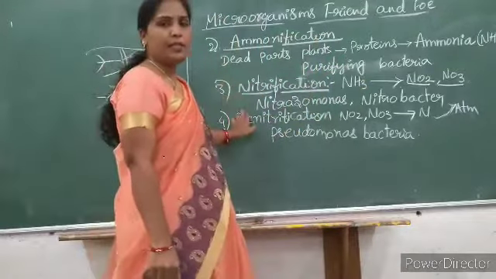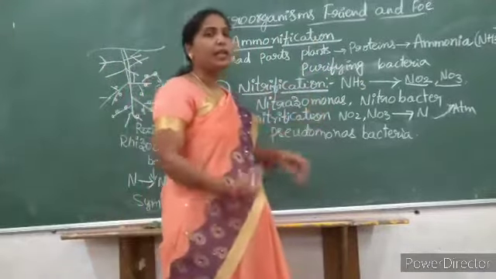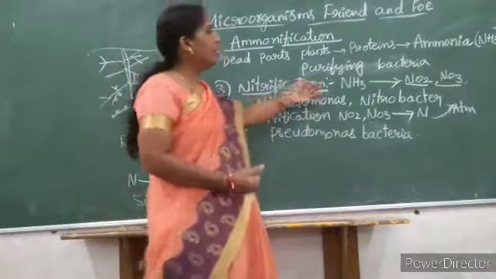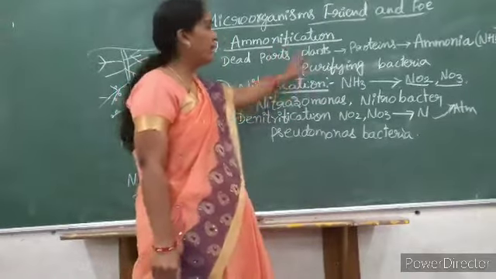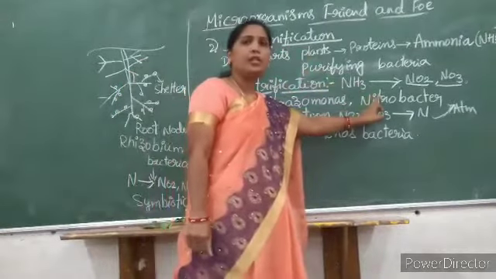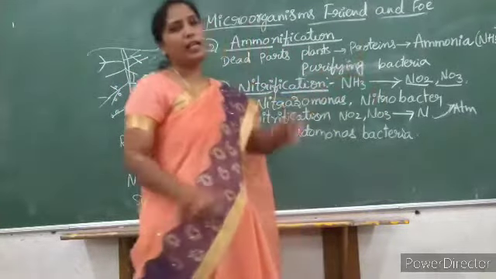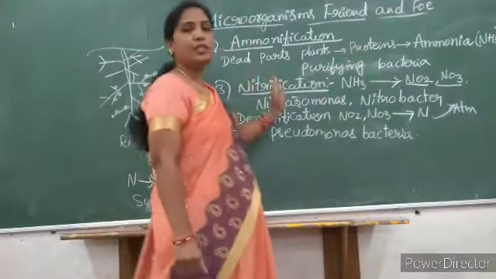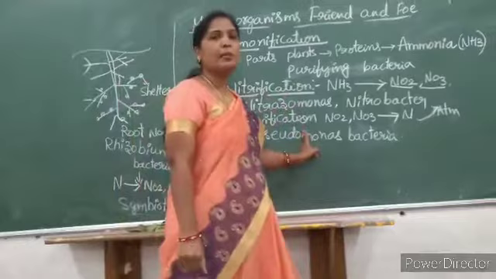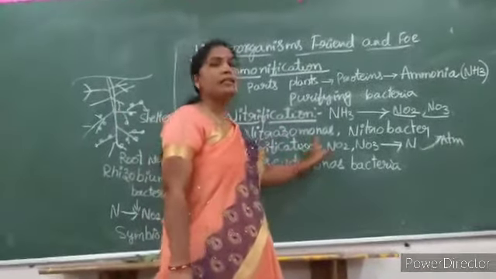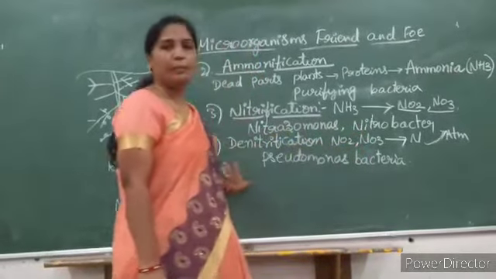And the next step is nitrification. In nitrification, the ammonia formed in the ammonification step is converted into nitrites and nitrates. Here the microbes helping are Nitrosomonas and Nitrobacter bacteria.